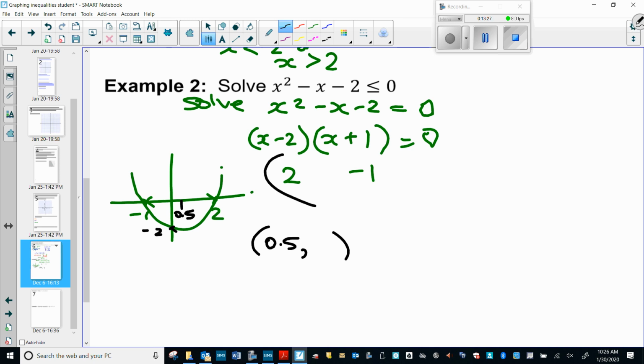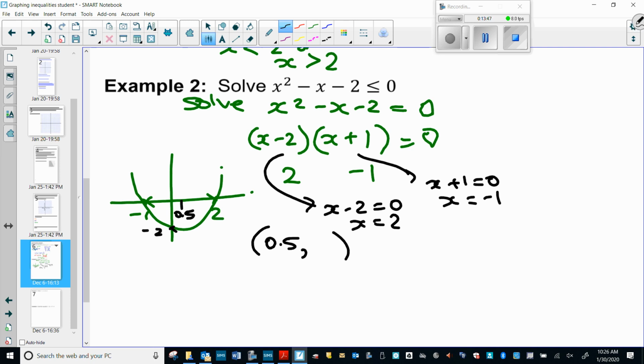So you say x minus 2 equals 0, rearrange, x equals 2. This one would be x plus 1 equals 0, so x equals negative 1. When you're multiplying things together, one of the brackets has to equal 0.